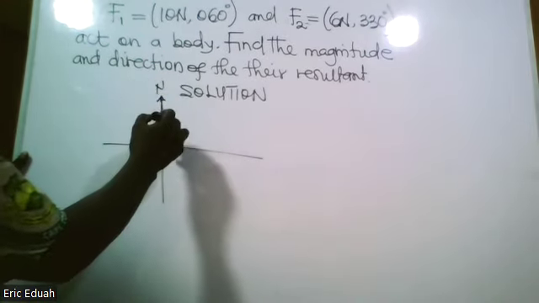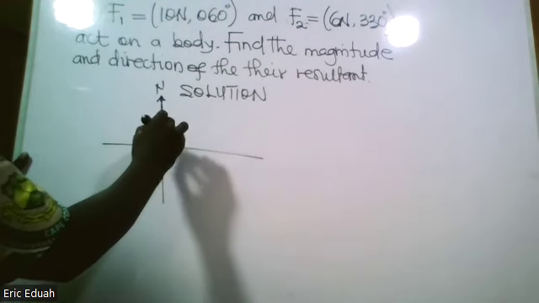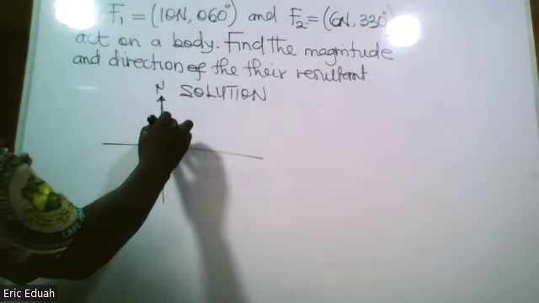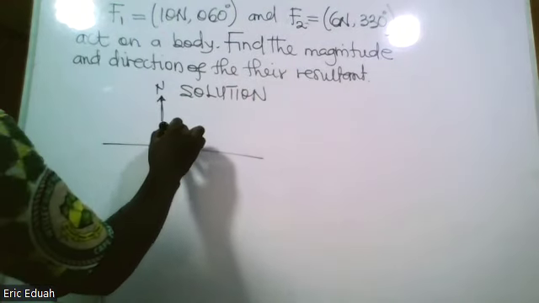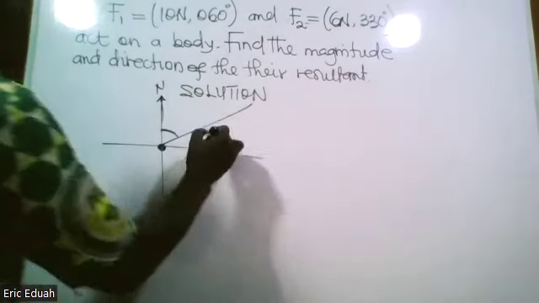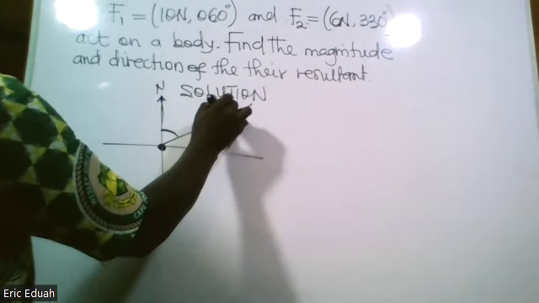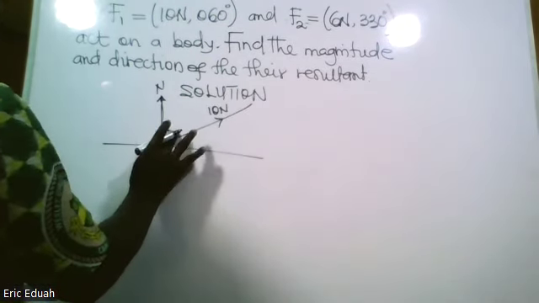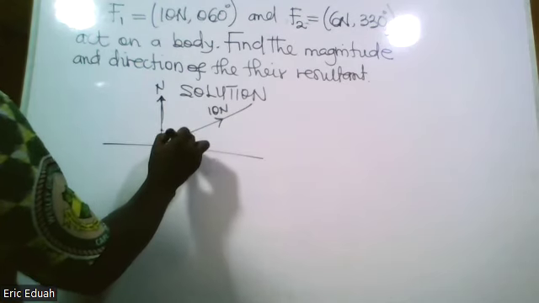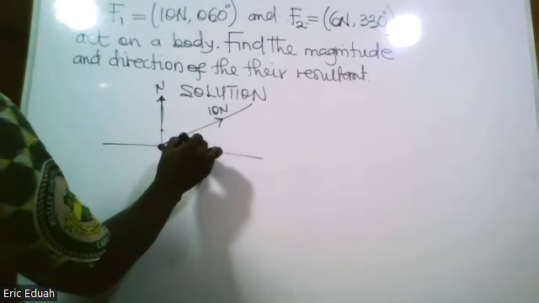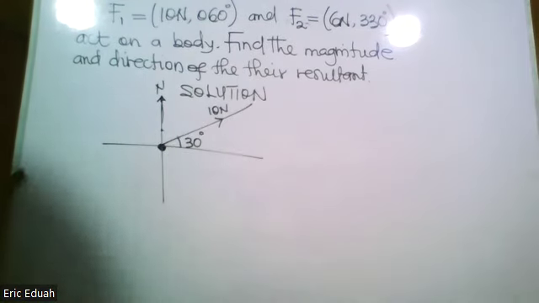F1 acts at 60 degrees from the north. So this is 10 Newton. The angle between the x-axis and the vector is 30.